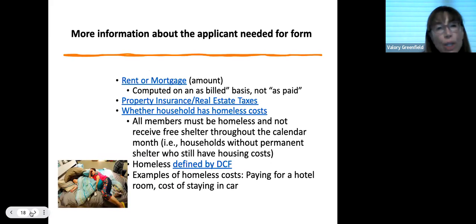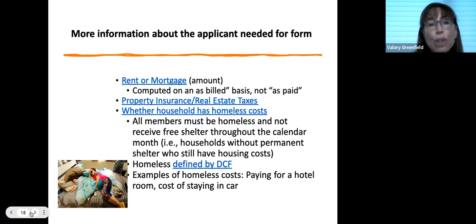You will also need to know whether the household pays rent or mortgage and what is the amount of that rent or mortgage. Find out if they are a mortgage holder, if they are a homeowner, if they are paying property insurance or real estate taxes, or perhaps homeowner association fees.